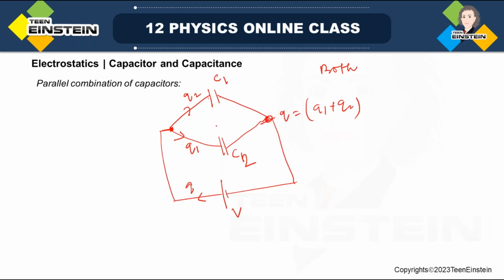That means the voltage across this is V, and the voltage across this is also V.